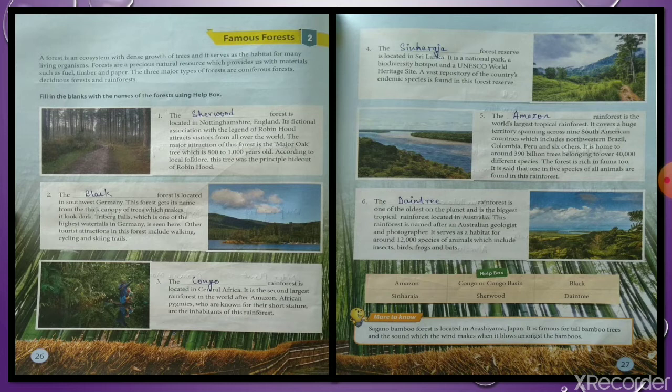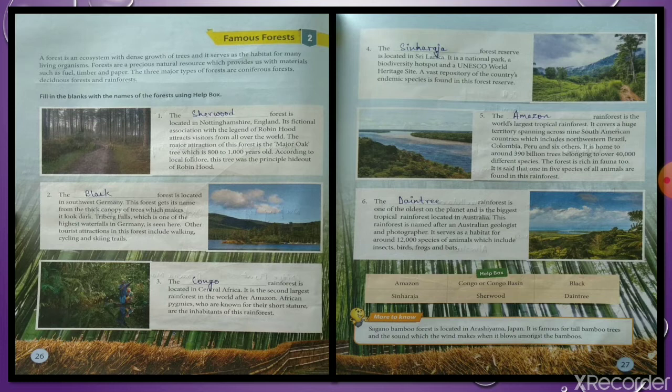The major attraction of this forest is the Major Oak tree, which is 800 to 1000 years old. According to local folklore, this tree was the principal hideout of Robin Hood. So, the name of the forest is Sherwood Forest. Sherwood Forest is located in Nottinghamshire, England, and it is related with the legend of Robin Hood.